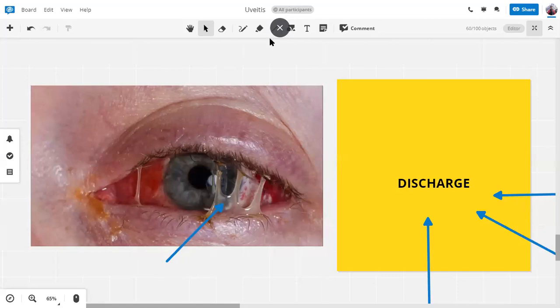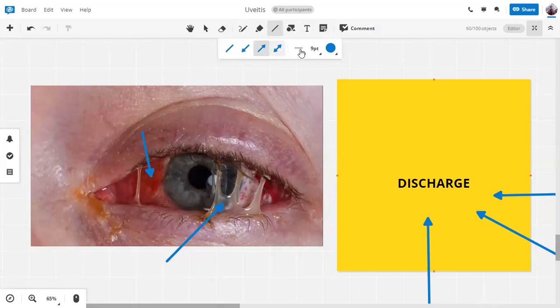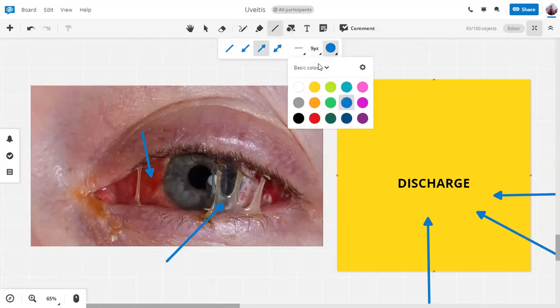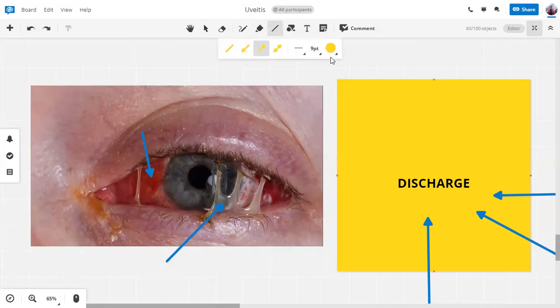Well, then we have a red eye, redness in the eyes. You see that we have a normal cornea. Our cornea is normal in this picture, is it not? Yes. So what is your diagnosis in this case?